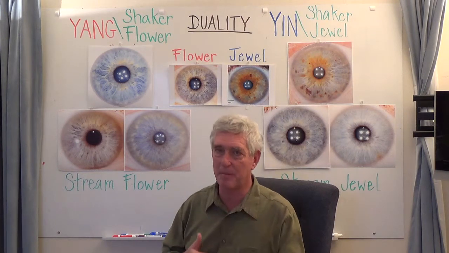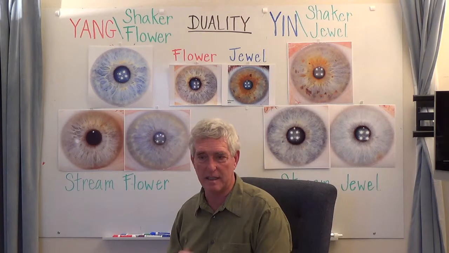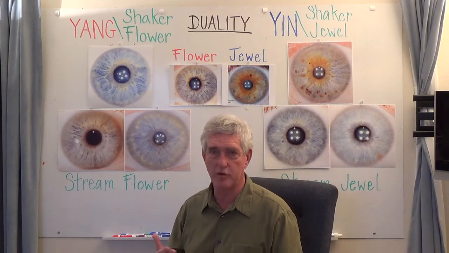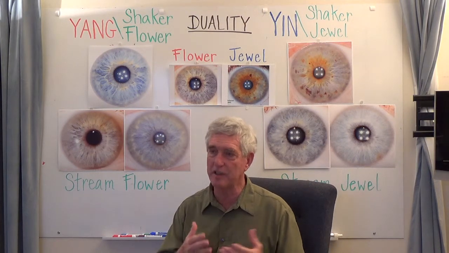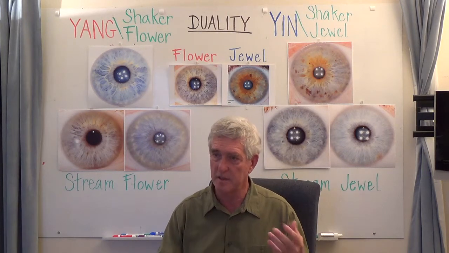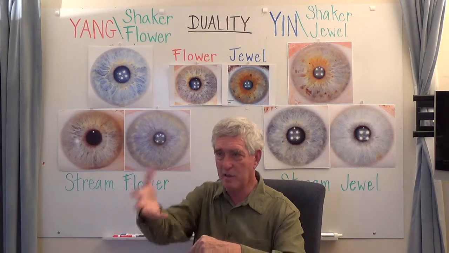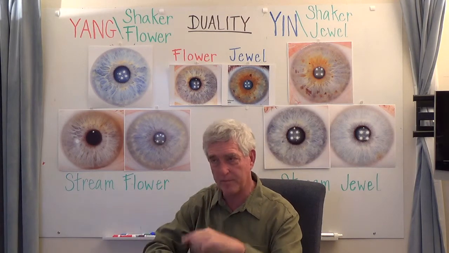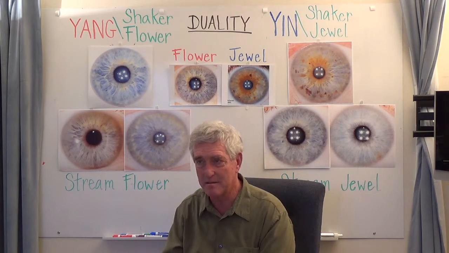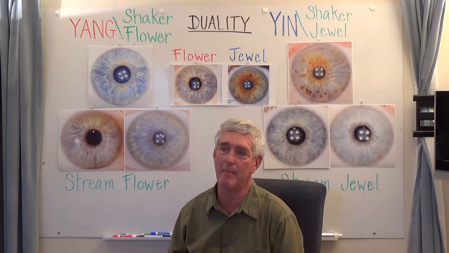Can I do something that is deliberate because I desire to do that? Can I open up my capacity to be alert, to be clear, to be aware? Can I increase my capacity to feel, to be emotional, to be responsive? Can I increase my capacity to be dynamic? Can I increase my capacity to be firm, to be stable, to be cohesive, to be gathering? All of these are terms that reflect choices I can make.